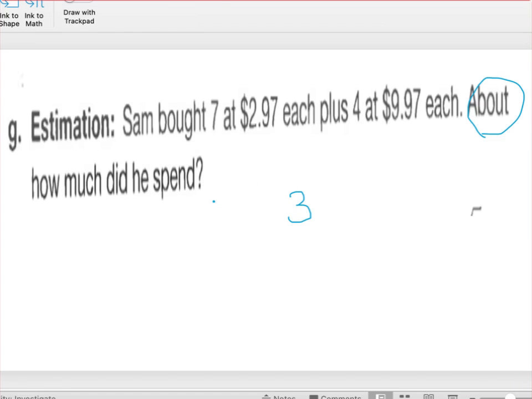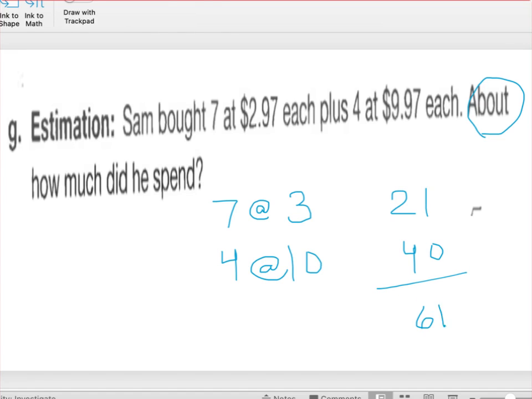So he bought 7 at $3, and he bought 4. $9.97 is very close to $10. He bought 4 at $10. So 7 times 3 is 21. 4 times 10 is 40. And 21 plus 40 is 61. So about $61 was what he spent.